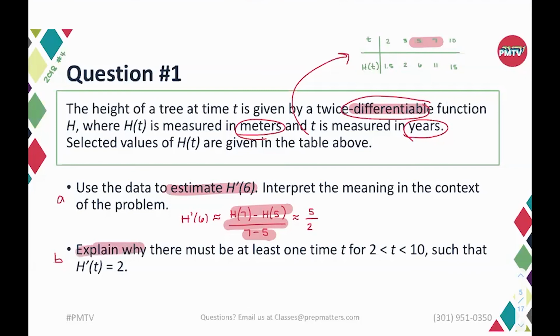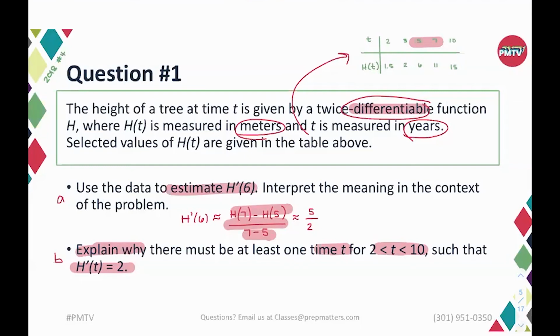This explain why there must be some time between other times, or x value between other x values, whatever your context is, such that something. Now in this particular case, that such that is involving a derivative. That's going to clue us into the mean value theorem instead of the intermediate value theorem or extreme value theorem.